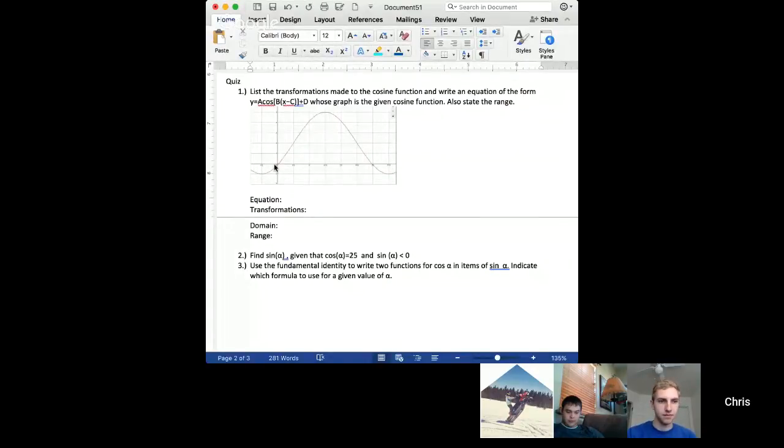List the transformations made to the cosine function and write an equation of the form a cosine b times x minus c plus d, whose graph is the given function. Also state the domain and range.